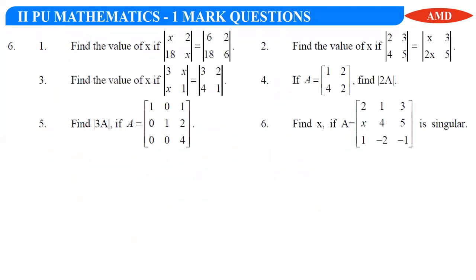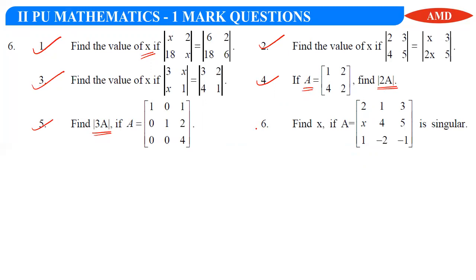The sixth question is from determinants. Here we have actually 3 types of questions. The first 3 questions, as you see here, give us 2 determinants which are equal to each other, and we will have to find the values of x. In the next 2 questions, a matrix A is given, and we will have to find the determinant of 2A or the determinant of 3A.